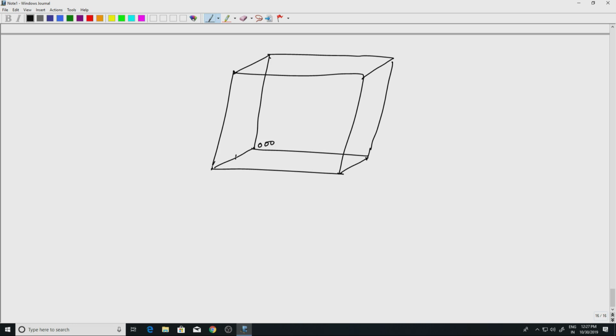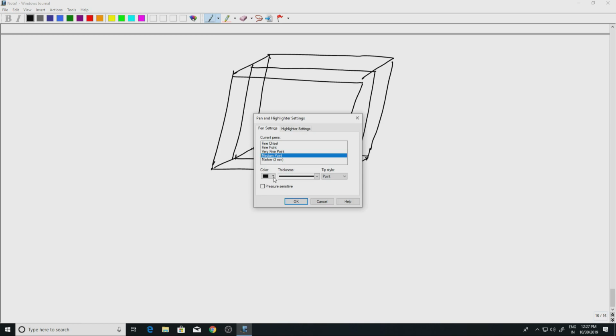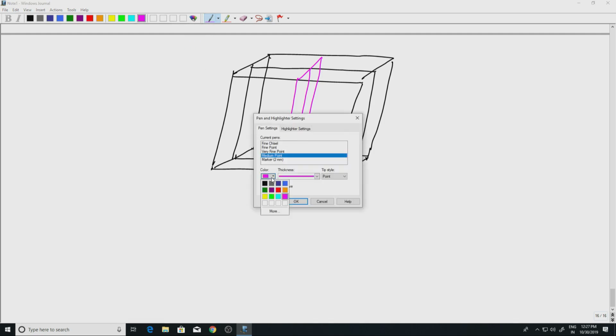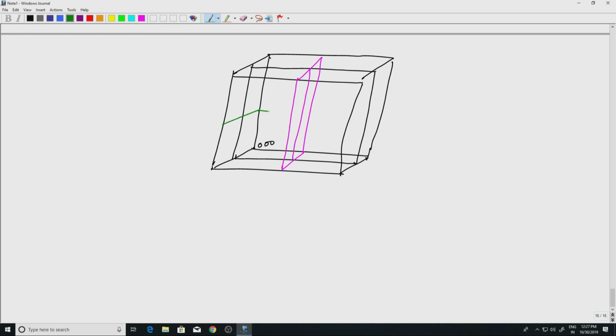We will divide this a by 2, then b by 2, then c by 2. So this is a by 2, b by 2, c by 2.